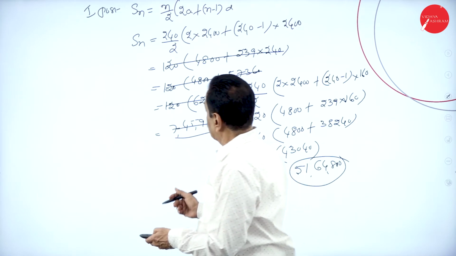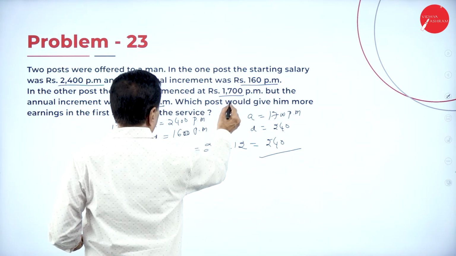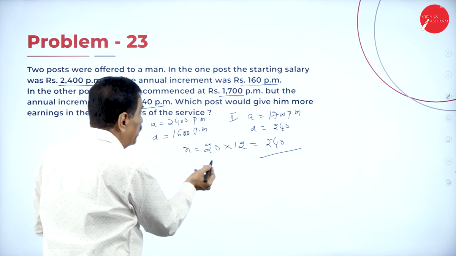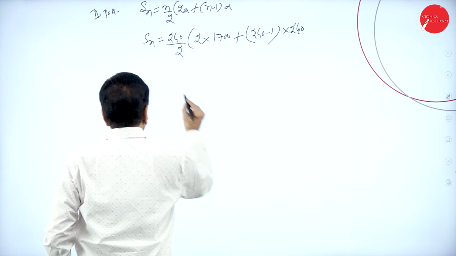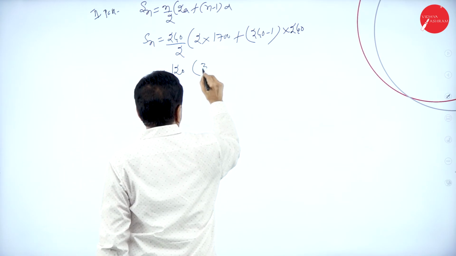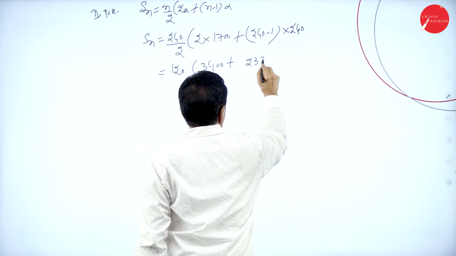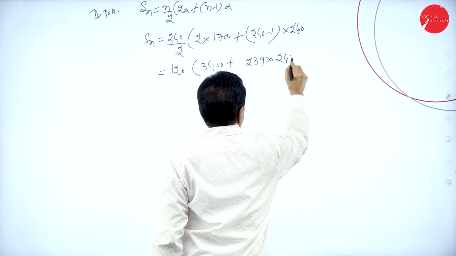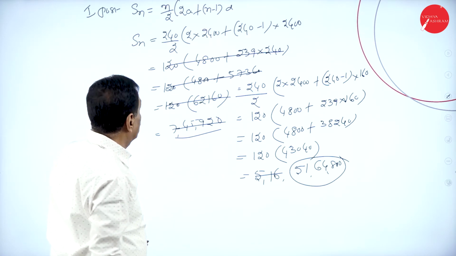Second post, see that. Second post, A is how much? Other post, 1,000 per month, but increment is 240. This is 120 into 3,400 plus 239 into 240. See the increment is 240.